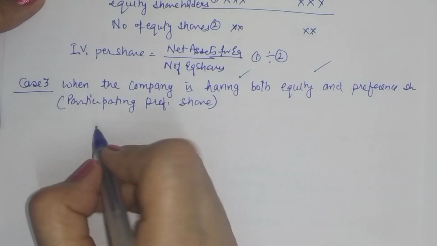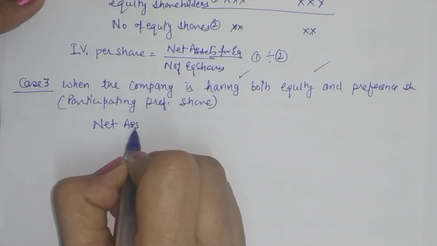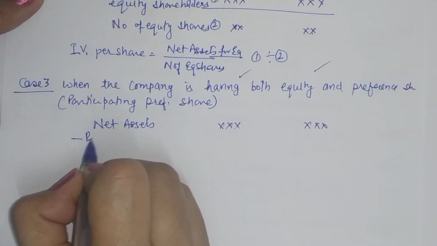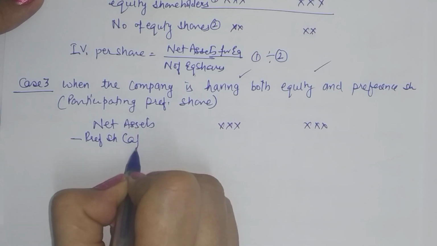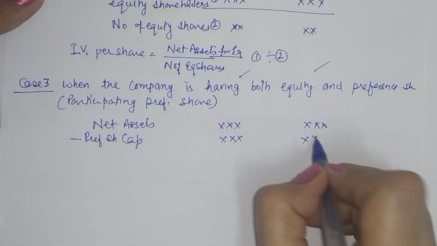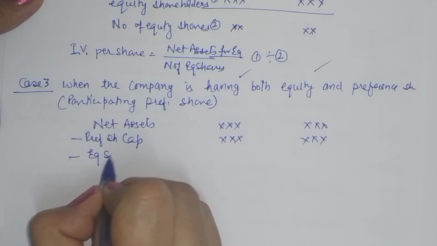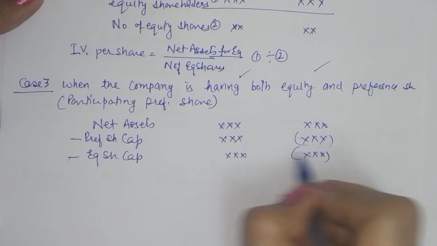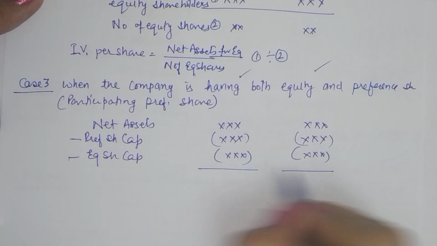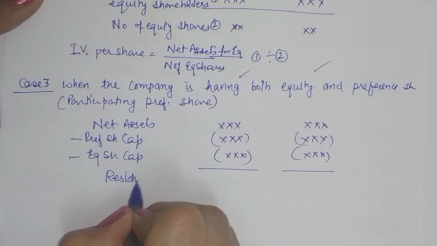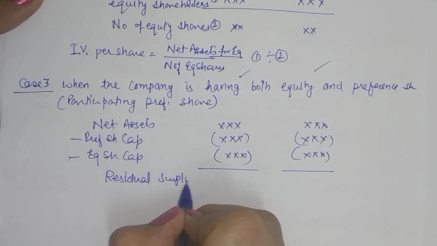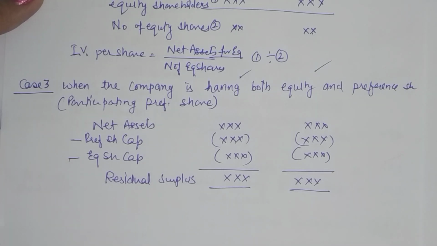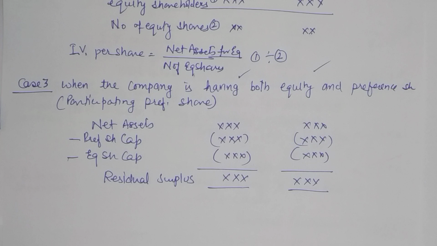It means in the net assets that you have already calculated, once you pay the preference shareholders their capital, then equity shareholders have a right to get their capital. So you pay the equity shareholders or you deduct their capital. Now the residual surplus is available for both equity and preference, because your preference shares are also participating in nature as is given.